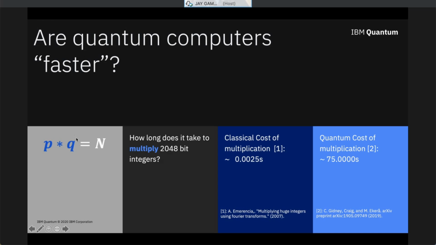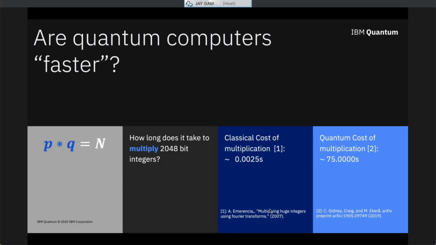Imagine you have a problem and you want to multiply two numbers together, P and Q. And you ask, how long would it take this to be done on a classical computer, simple multiplication? If you follow these references and you take into account gate times and circuits for doing this multiplication, you find that the classical computer will be able to do it in basically a few milliseconds.